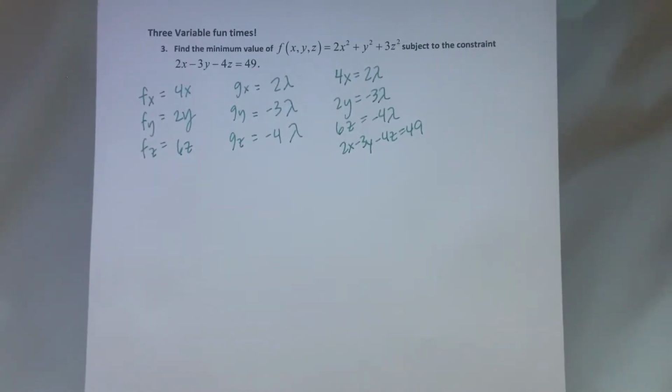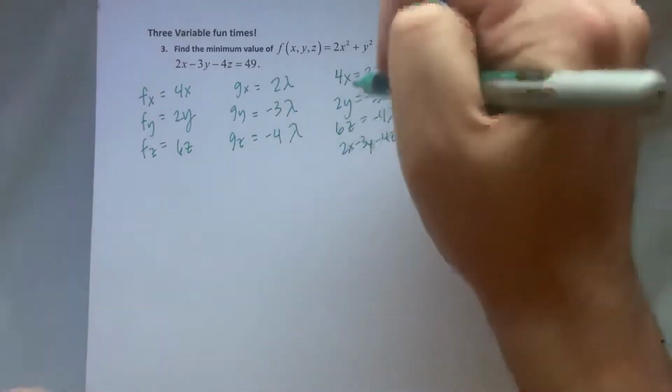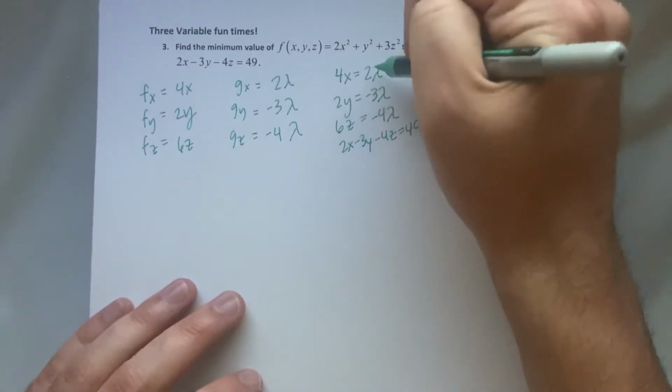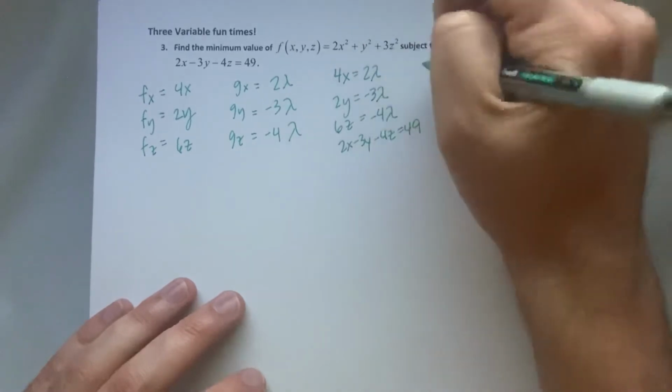How do we normally solve a system of 3 equations with 3 variables? The first thing is supposed to be eliminate one of the variables, so you can get it down to 2 equations with 2 variables. Actually, the best way maybe right now is to solve for lambda here.